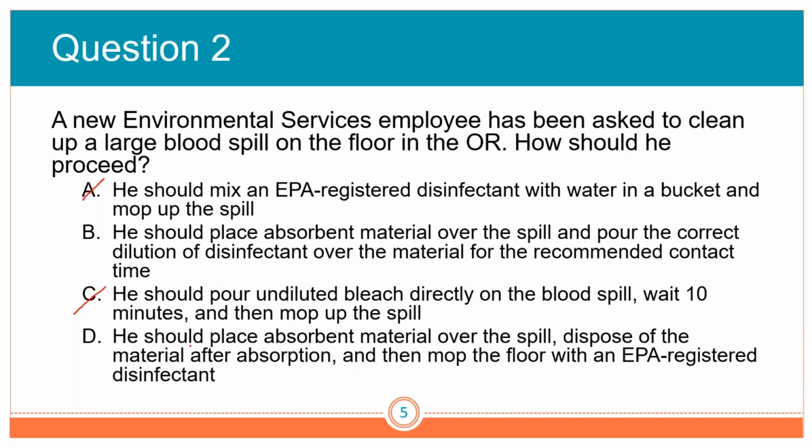With one of these answer choices, we are essentially putting the employee in a more unsafe situation because we are not deactivating organic material, right? So which of these two, B or D, would provide the EVS employee with a safer cleanup? Would B do that, or would D do that?